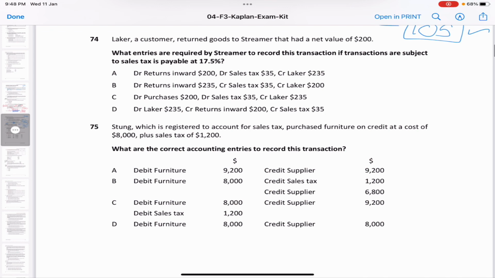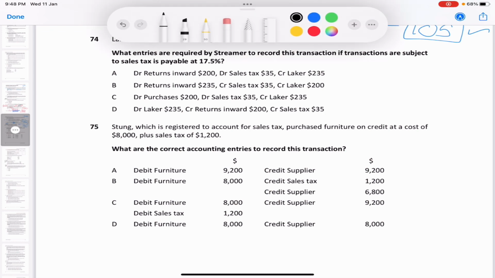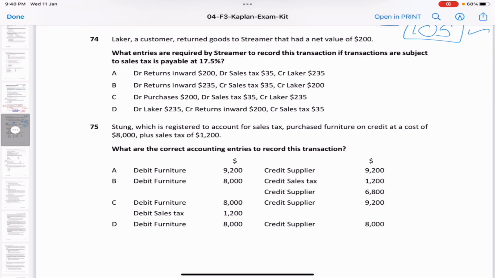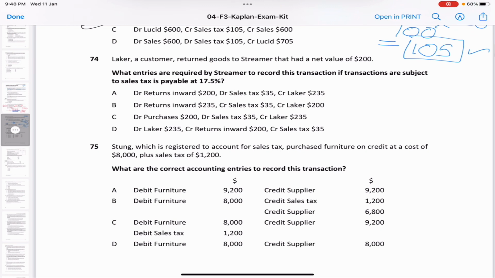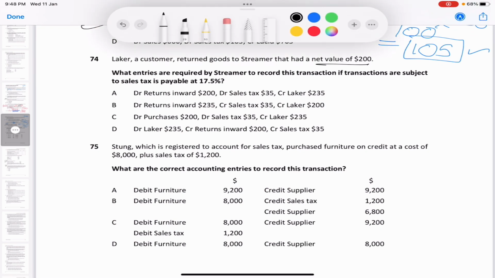Laker, a customer, returned goods to Steamer. So Laker returned goods, which is goods returns, to Steamer that had a net value of 200. What entries are required by Steamer to record this transaction if the transactions are subject to sales tax payable at 17.5%?